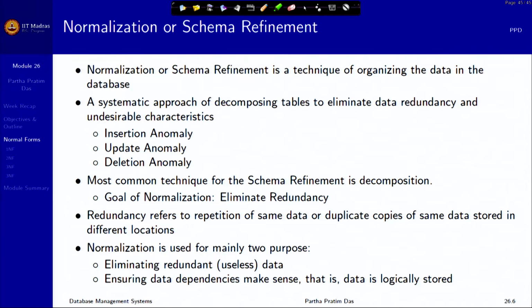So, that is the basic structure of why we have to normalize or decompose. We can say in one word that the goal of normalization is to eliminate redundancy of data, and also to ensure that the data dependency is done in a sensible manner.